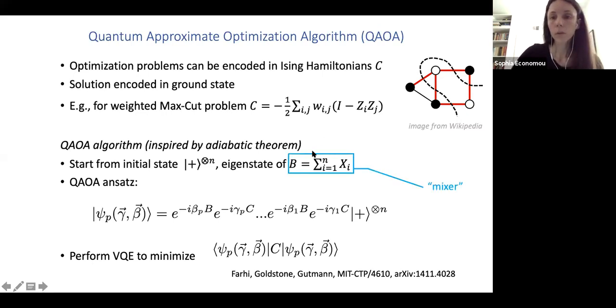So what we are looking at in our work is looking at this mixer and asking, can I make other choices which are hopefully better than what this original algorithm suggests?